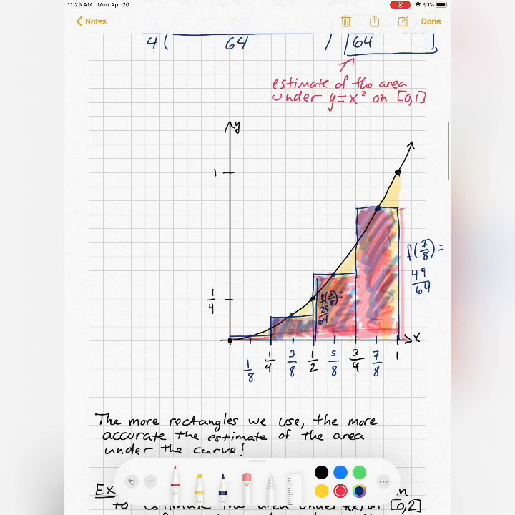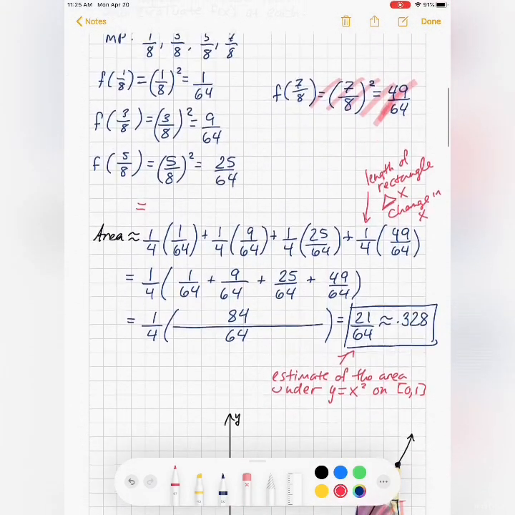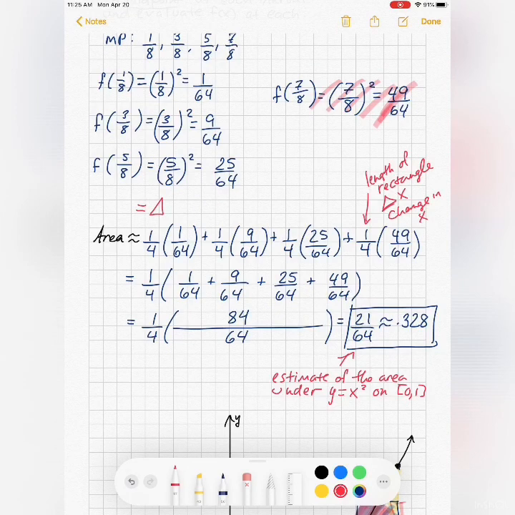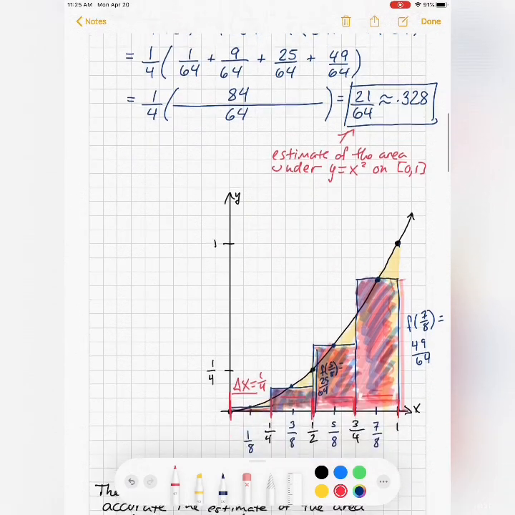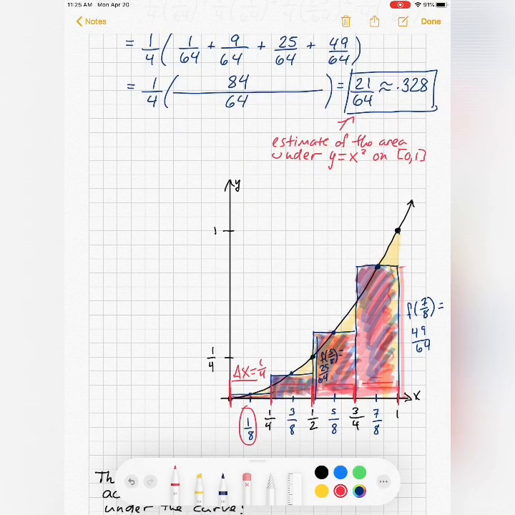So look at the intervals again. Each rectangle, the change in x is 1/4, right? 1/4, 1/4, 1/4, 1/4. Say delta x, in this case, was 1/4. And so generally speaking, I could say delta x. And then how did I get the 1/64th? That was f of the first x value, in other words, f of 1/8.